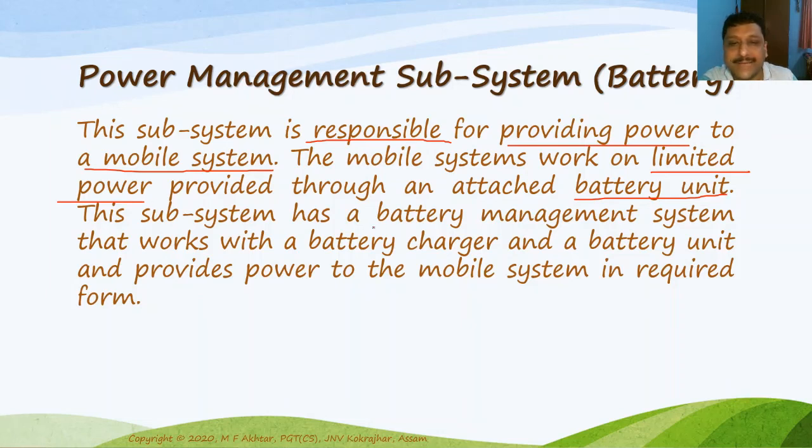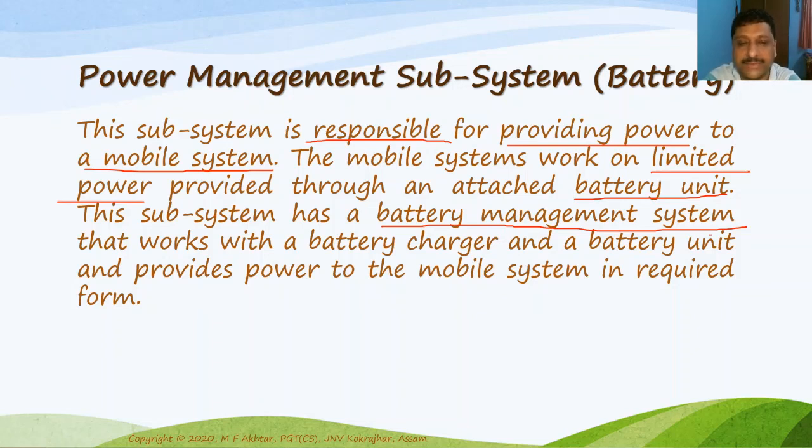This subsystem has a battery management system that works with a battery charger and a battery unit. You can see the battery saver option, and how much charge it has.